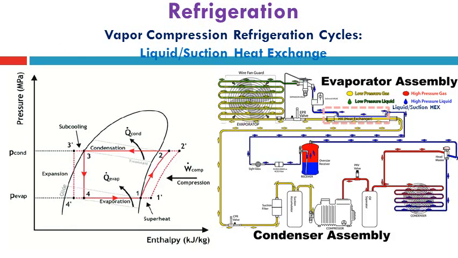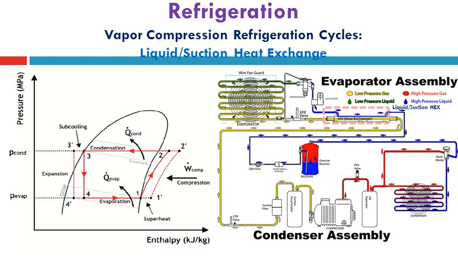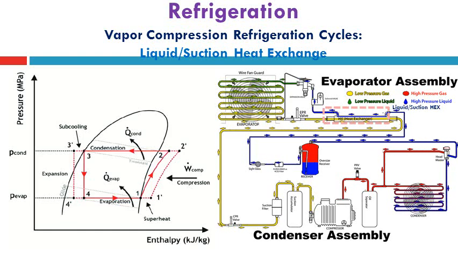Here we can see again the four main components of the vapor compression cycle, complete with the special system components which the system may be equipped with to ensure the function of the vapor compression cycle.